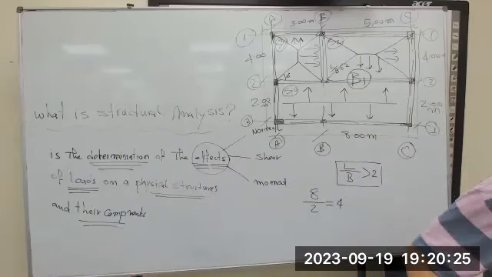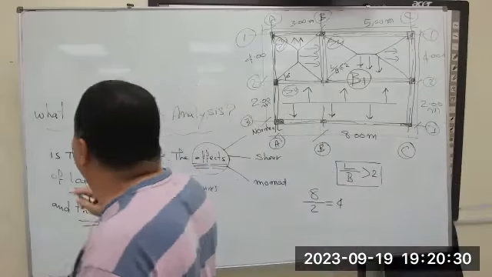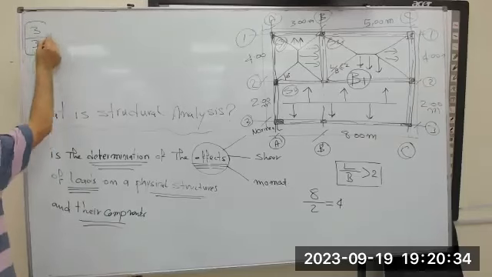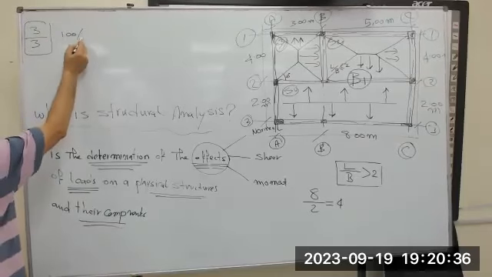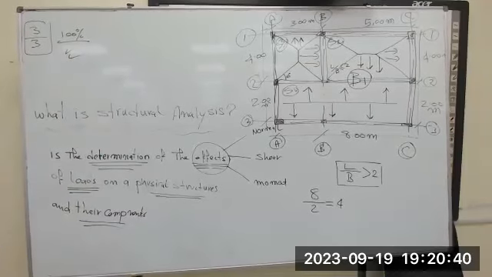D. All of you 3 over 3. Correct or not? So now 3 over 3. 100%. Okay, very good. Easy? Simple? Right. Okay.